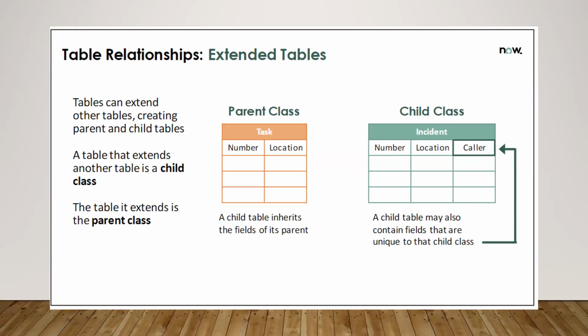The table which we create on top of that table is called the child table. The child table will get all the attributes, all the fields of the parent, plus it has its own fields also.